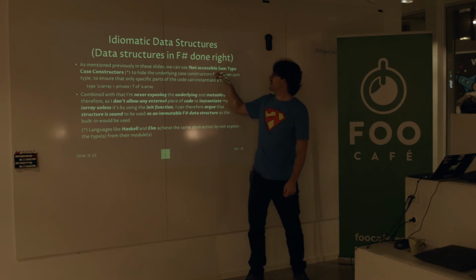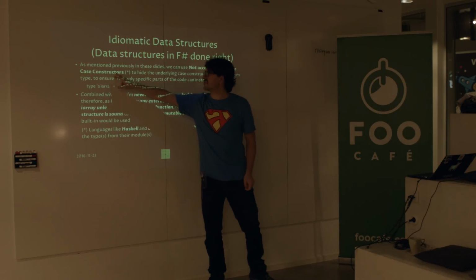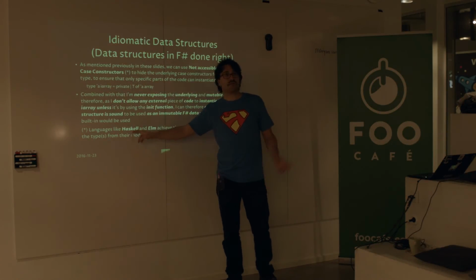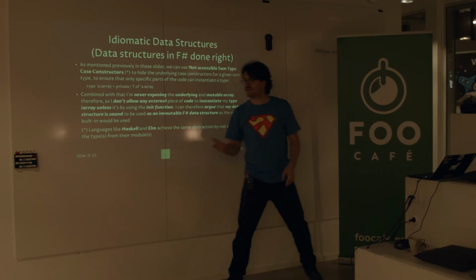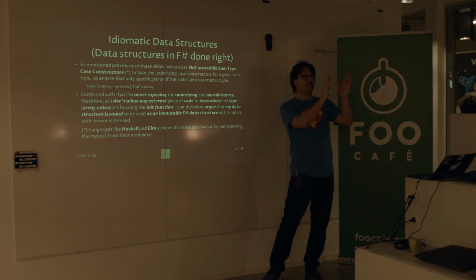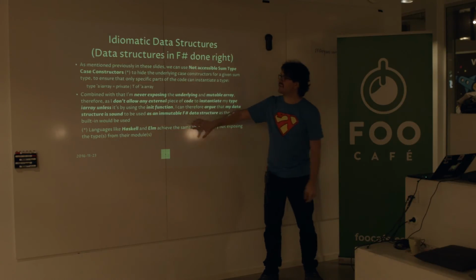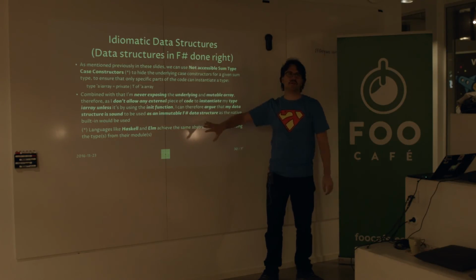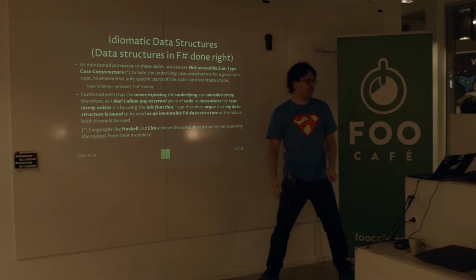In other languages like Haskell and Elm, which I also use, when you define your modules, you can say what you want to expose and what you don't want to expose. So you can say that you can see my type, but I don't want to expose the type constructor. It's more or less the same way of doing things, just different wording.